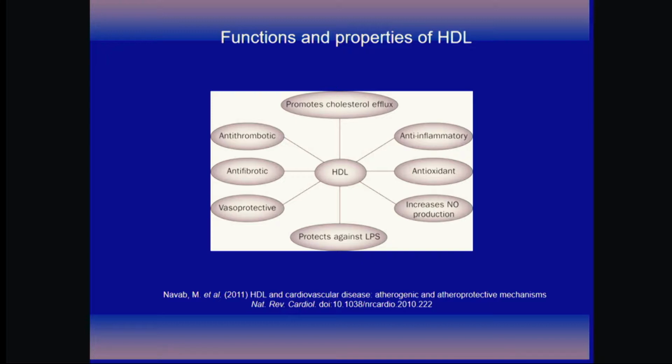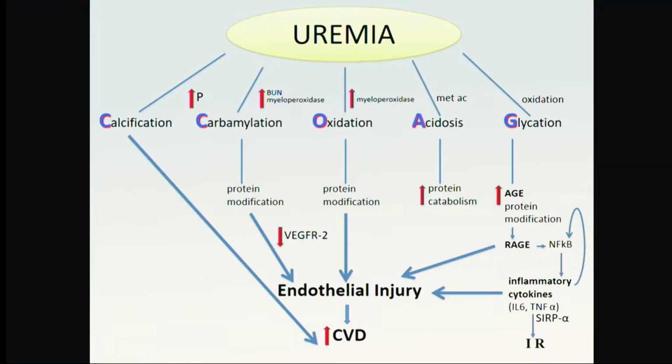The unfortunate thing is that this function is lost in patients with end-stage renal disease. When your kidneys fail and you develop uremia, several things happen. You have increased risk of vascular calcifications. There are other processes which I'm going to go over in detail: carbonylation, which is due to increased blood urea nitrogen, oxidation, acidosis, and glycation.